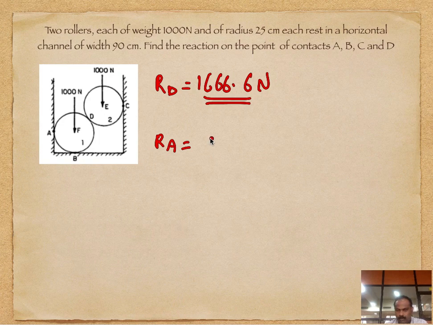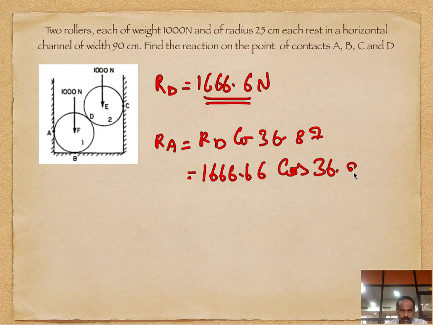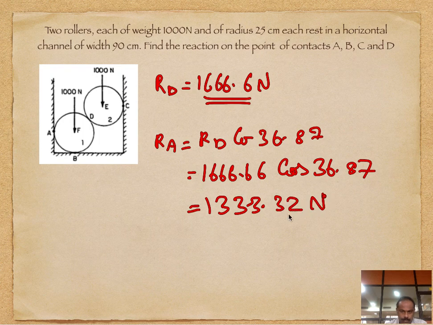RA is equal to RD cos 36.87, which is 1666.66 cos 36.87. So RA is equal to 1333.32 Newton. This is RA.